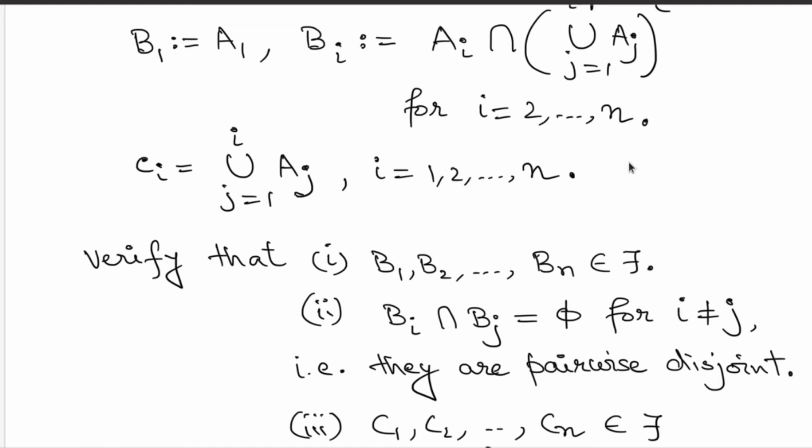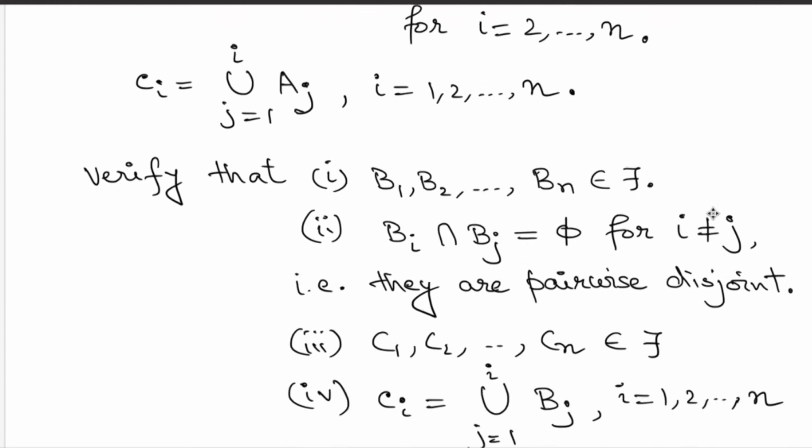What you can now try to show is that if the sets a1, ..., an are in the field, then the sets b1, ..., bn are also in the field. Using the structure of the bi's as defined here, you can try to show that bi and bj are pairwise disjoint. By that I mean that if i is not equal to j, then bi and bj will not have any common element, so their intersection is the empty set.